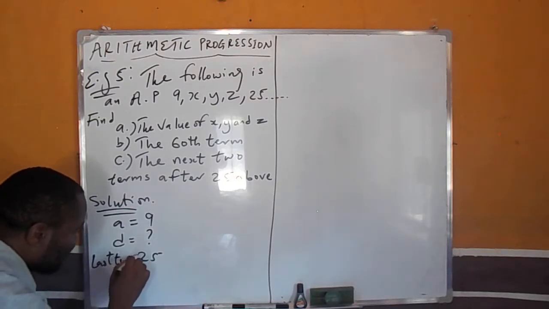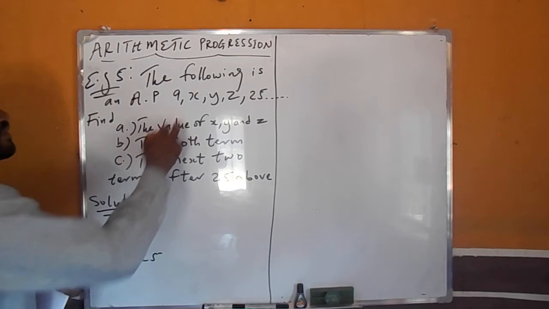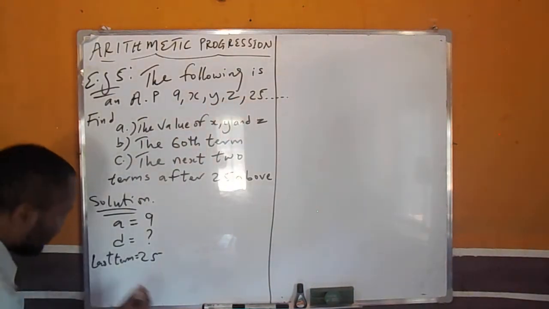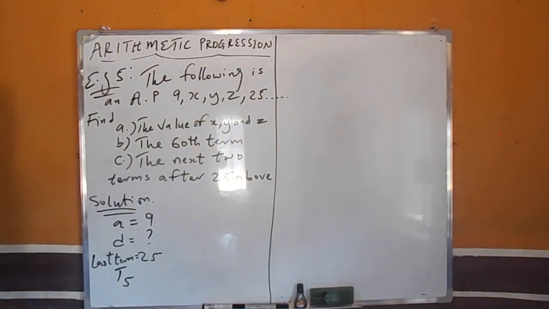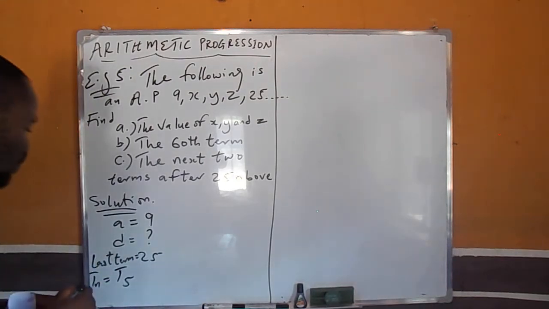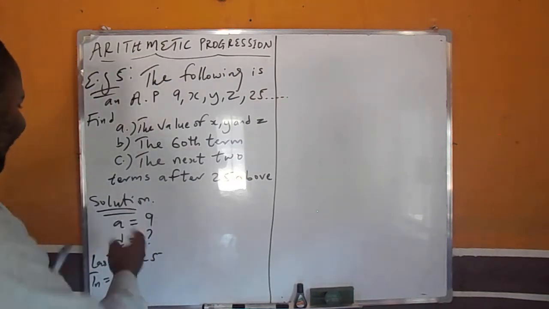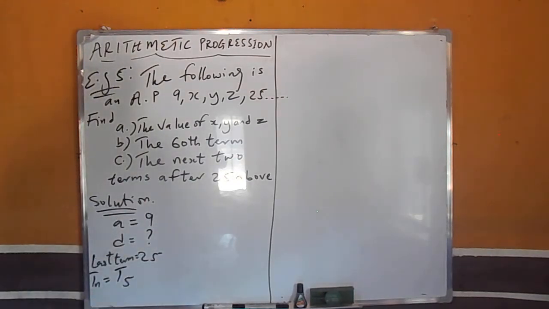Last term equals 25. What of the nth term? 1, 2, 3, 4, 5. That is T5. So Tn equals T5, which is the number of terms that we have. Since we have this, we can easily solve for our x, y, and z.